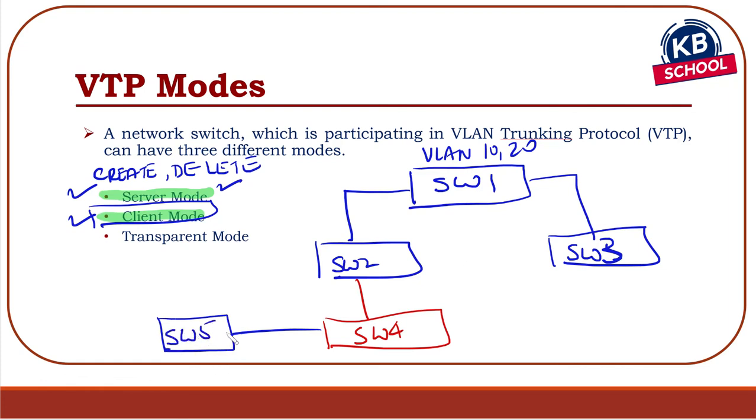So what's happening over here is I don't have a direct connection between my VTP server. I have a client which will propagate the creation, and I have another client, but in the middle I have one switch that is not participating in VTP. I don't want it to propagate any of the VLANs that I create over here to any other switches. This is like an independent switch.